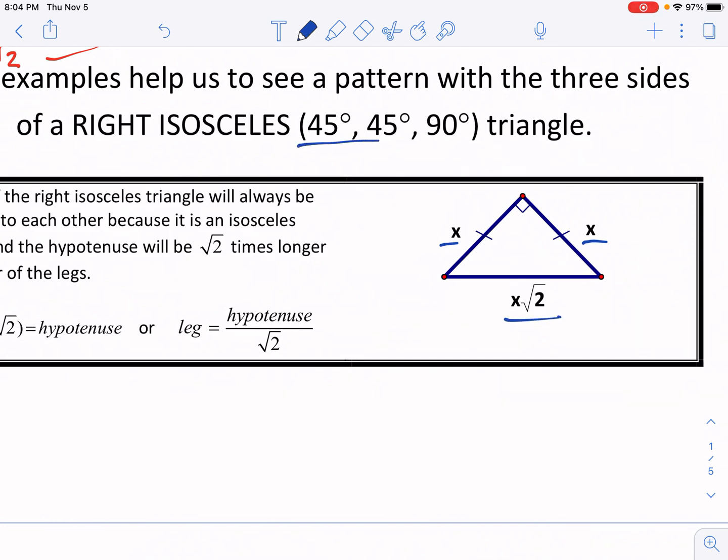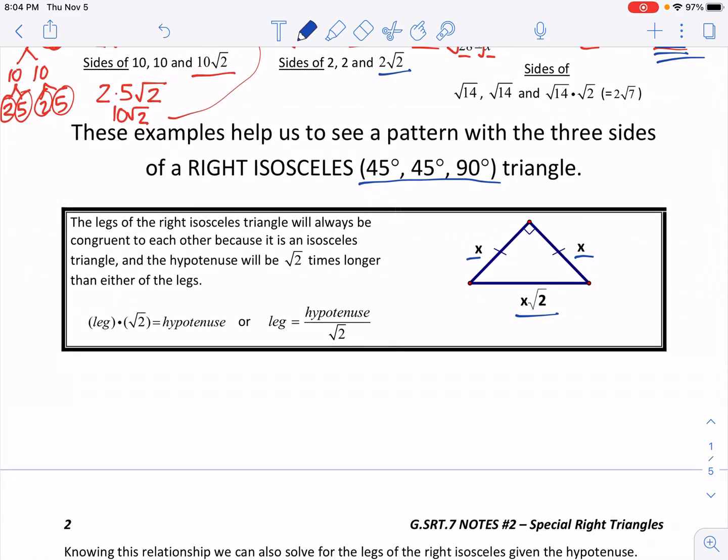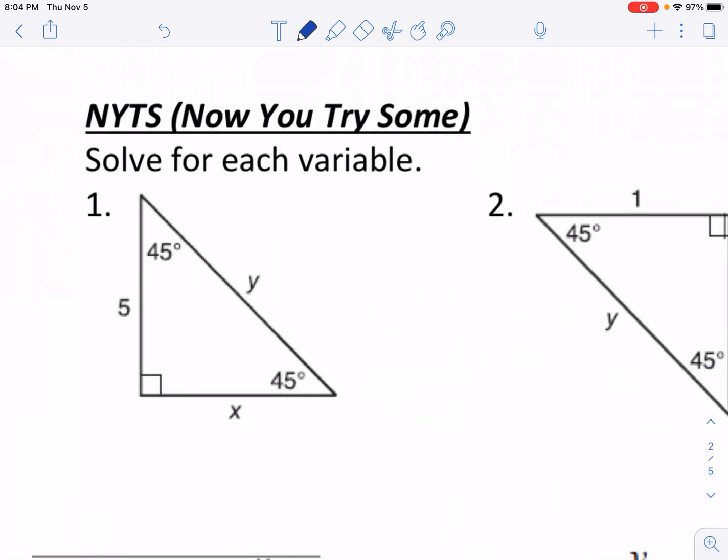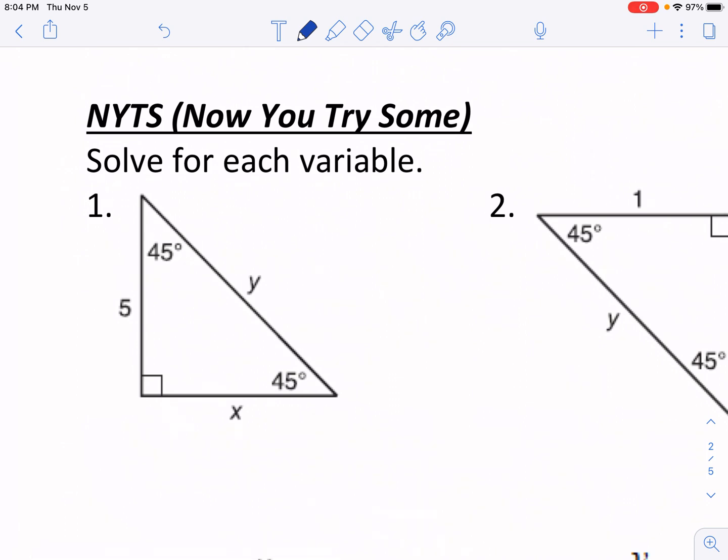But that's only for a 45, 45, 90 triangle, okay? For instance, let's look at one example here. Let's go down to number 1, okay? If they tell you that we have a 45-degree angle here and a 45-degree angle here, are the base angles the same? Yes. So this has to be an isosceles triangle, and this side and this side have to have the same length. Well, if they have the same length, what does that mean about x? Well, x has to be 5, right?